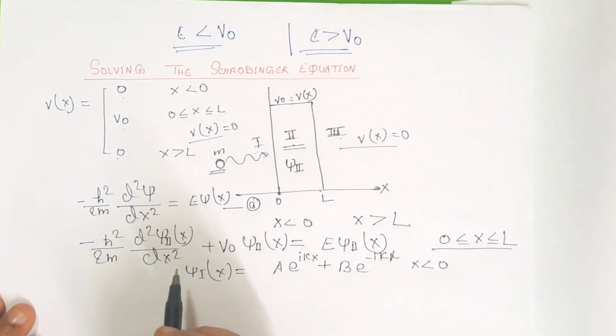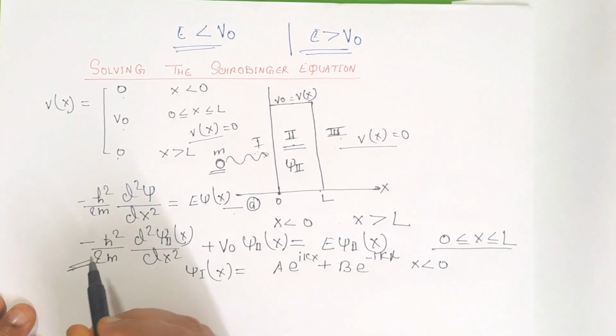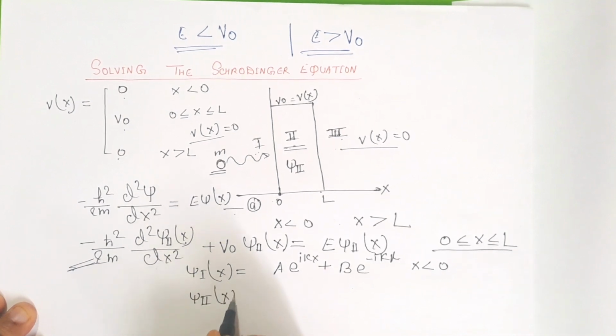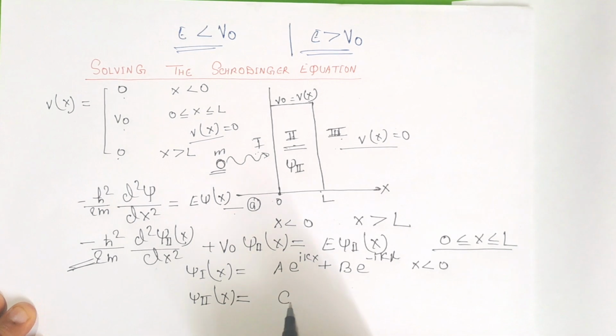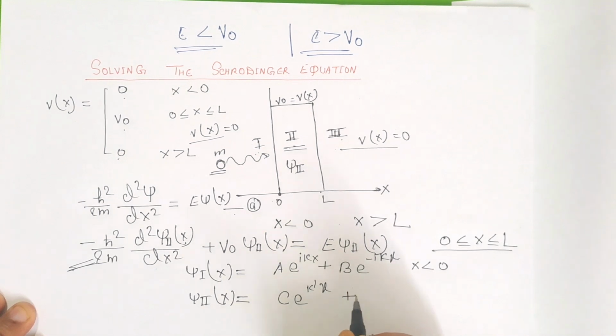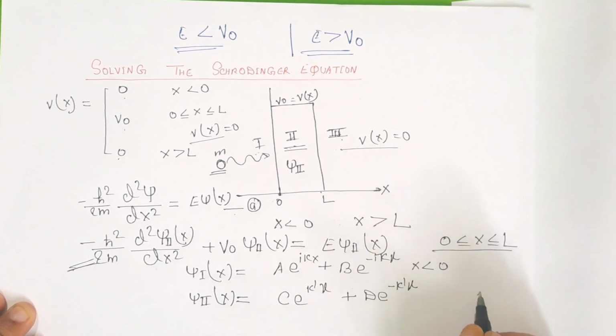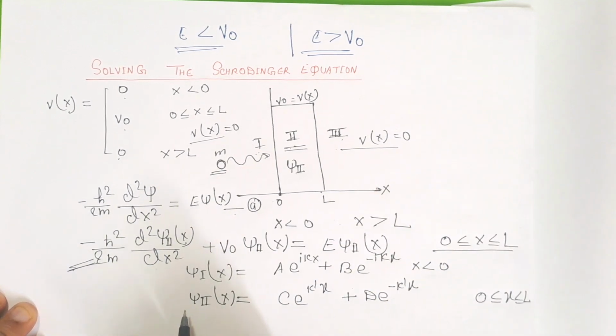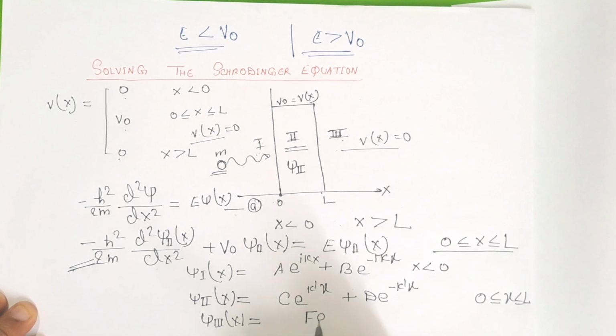Again for region 2 the Schrodinger equation is this one, so the solution will be psi 2(x) is equal to c e to the power k dash x plus d e to the power minus k dash x, from x equals 0 to L, and again psi 3(x) will be f e to the power i k x.